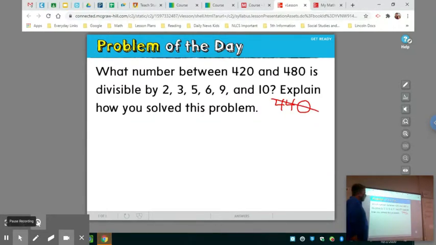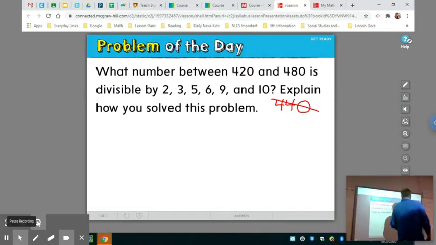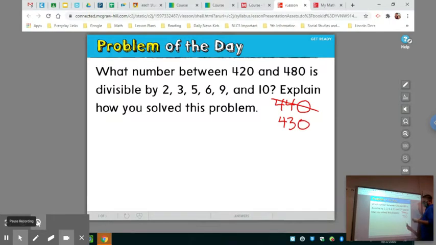So what choice are we going to have? Holly, what do you think? What about something like 430, because 3 goes into 40? So she says 430. Well, okay, let's look at it. Will 2 go into that evenly? Yes, look, it ends in a 0. So 2 will go into it.